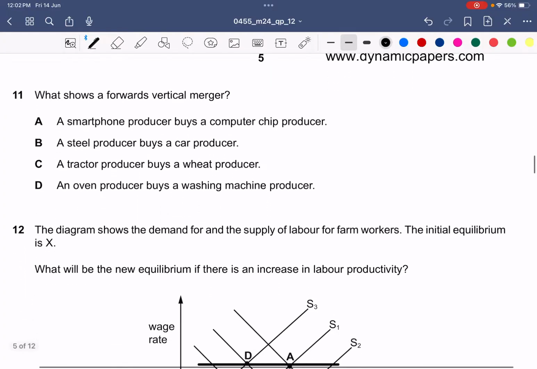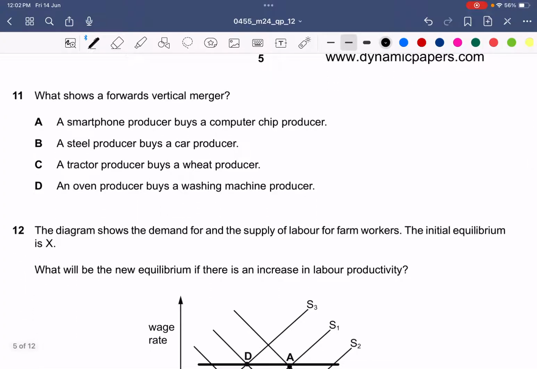Question 11. What shows a forwards vertical merger? So, vertical merger is an integration or merging between two firms from different economic sectors of industry. And to determine which one is forward or backward, there's a tip I always use, I can share it with you guys, is to think about which production process is closer to consumer.